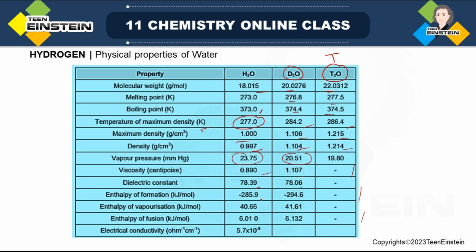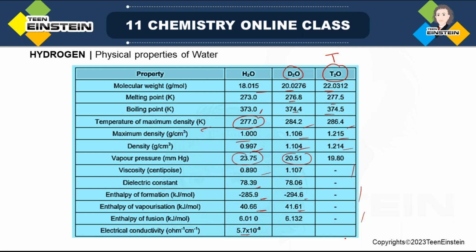Enthalpy of formation is more negative, that is, more heat will be released in case of D2O. Enthalpy of vaporization is slightly higher for D2O. Enthalpy of fusion is also slightly higher. Electrical conductivity data are not present, only for water.